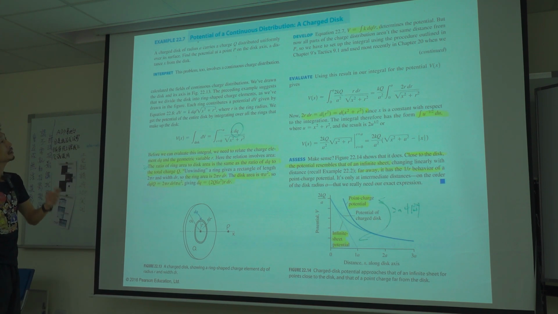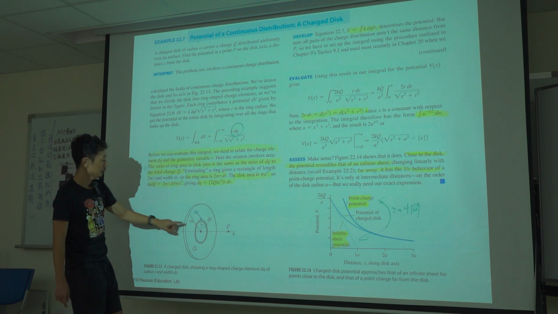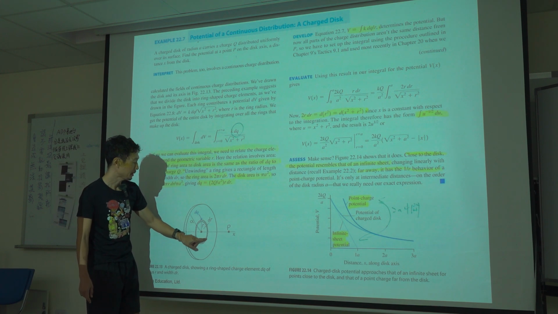And how do we calculate this? To calculate, we need to figure out the area of the ring.